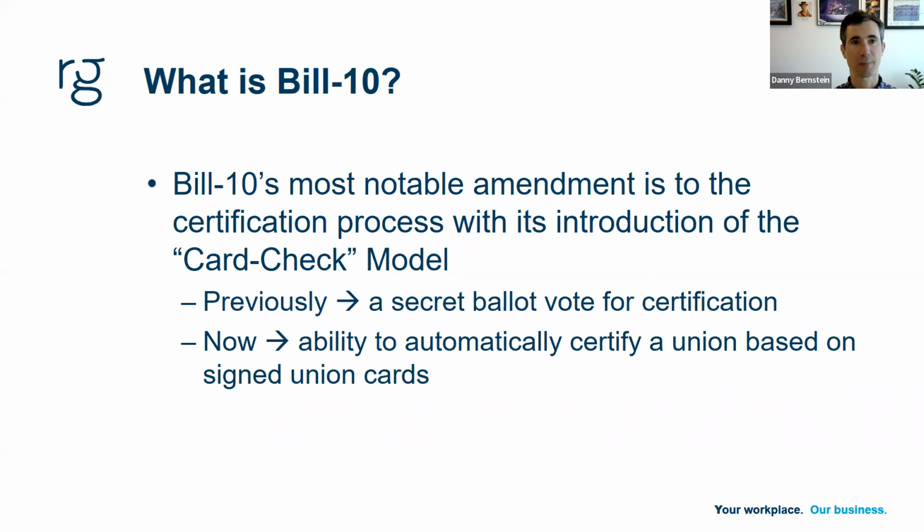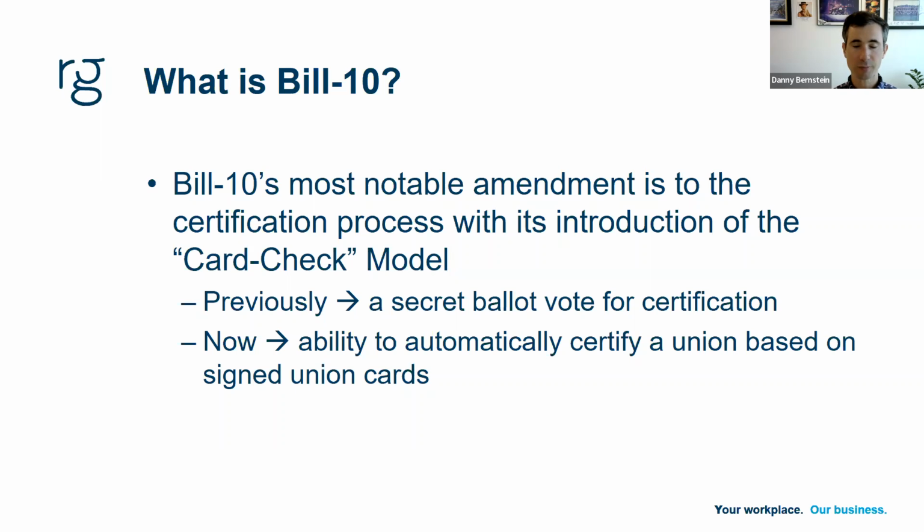And that ballot had to take place within 5 days of the application from the union. And so that gave a small window of time for an employer to communicate with their employees, to understand that there was a campaign underway, provide information to the board, dispute the bargaining unit, etc.